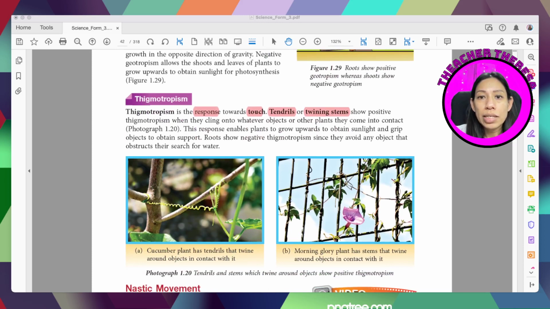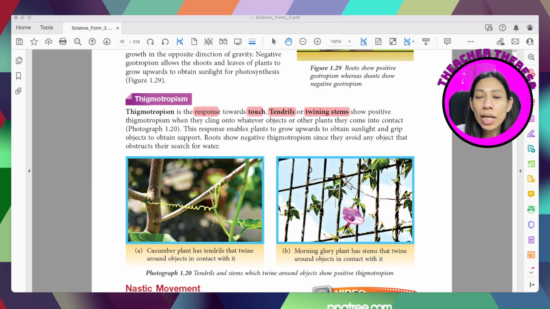Now if you have, let's say, a soft stem plant, it will grow towards anything that is nearby. This is because plants with a soft stem need light, but they cannot grow towards light because the stem is soft. So it is called thigmotropism because it has direction.